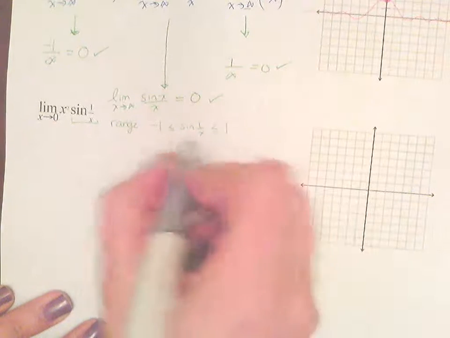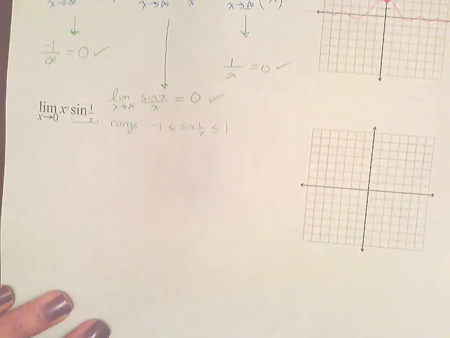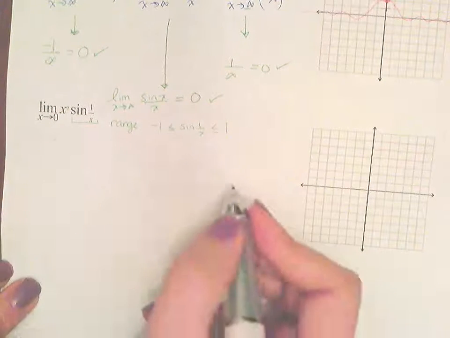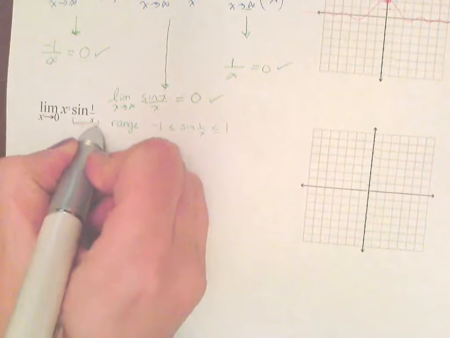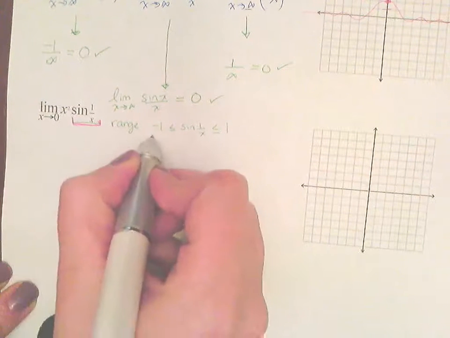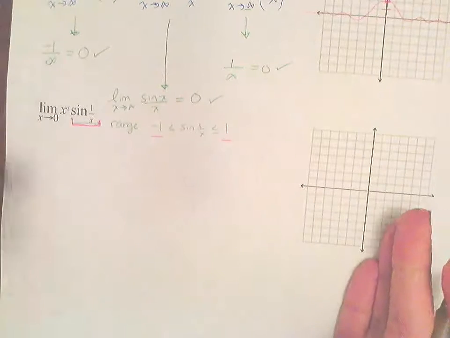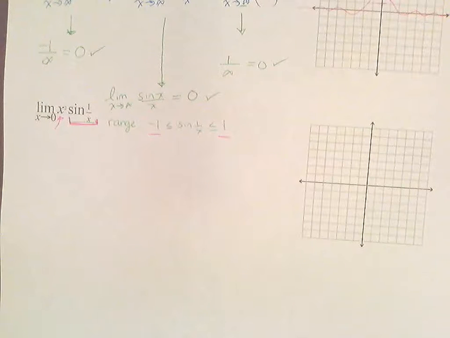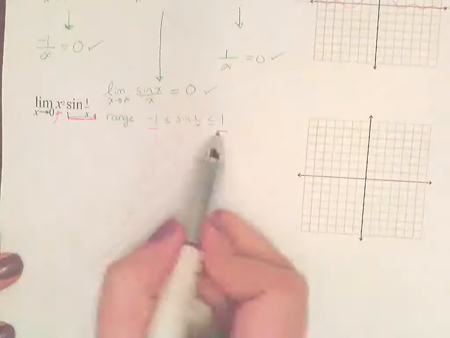So because it has a set interval, we can use the sandwich theorem, aka the squeeze theorem. So I'm going to break this apart. I'm going to basically replace this with the two intervals for the outside functions, but I'm going to leave this x squared in there, okay, because that's not part of my interval.